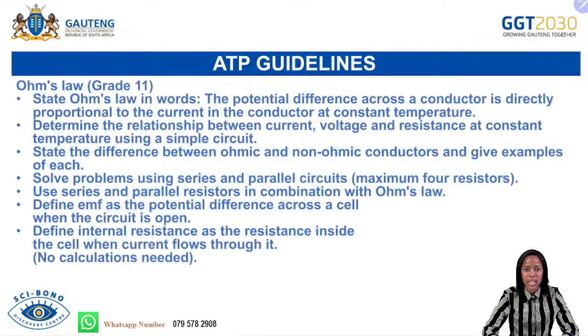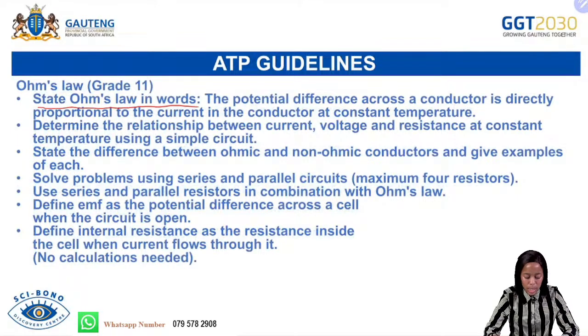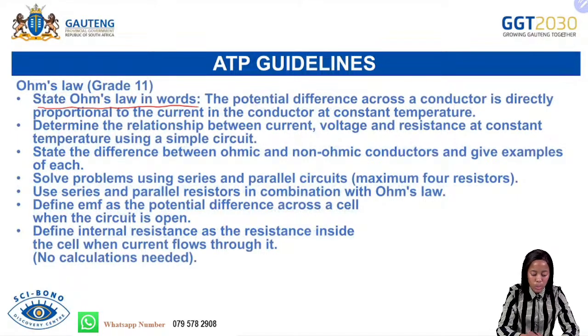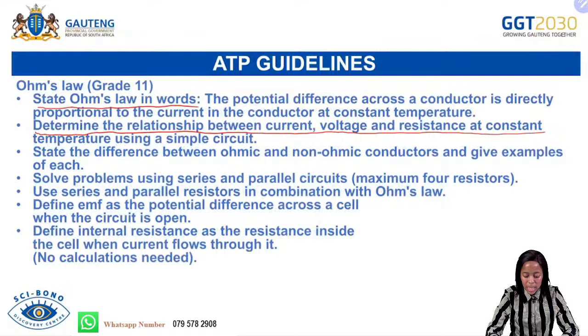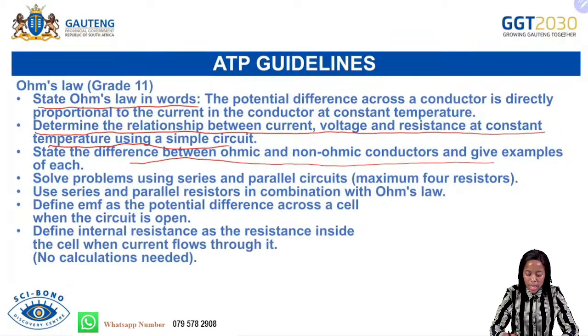Then in grade 11 again, you learned how to define Ohm's law in words. And then you also learned to determine the relationship between the current, the voltage, and the resistance at constant temperature, using a simple circuit. And then you needed to state the difference between an ohmic and a non-ohmic conductor, and also be able to give examples.